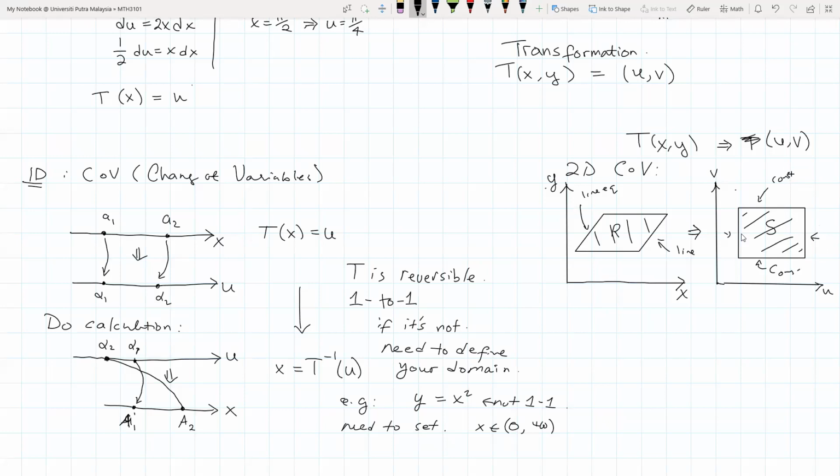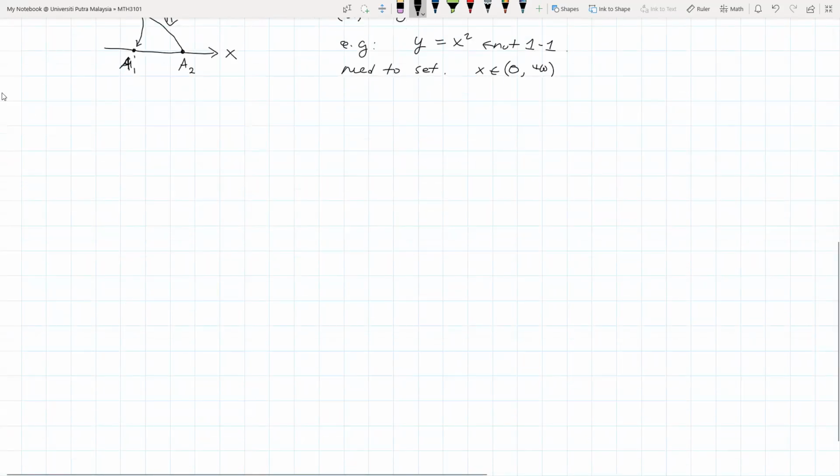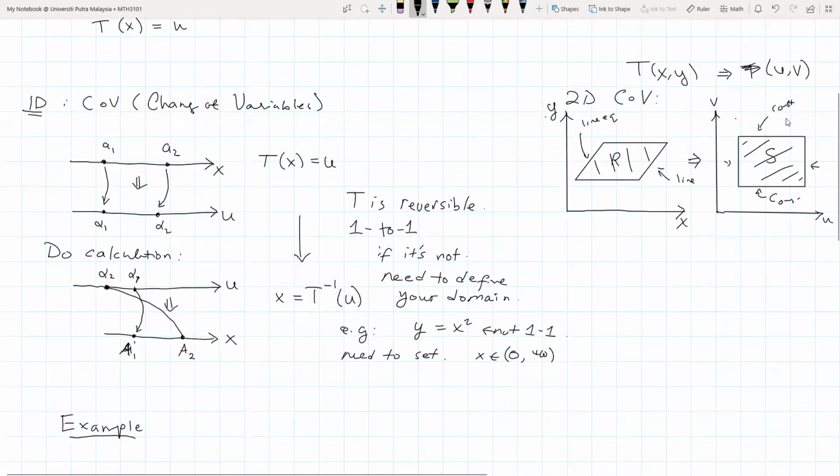Okay, let's see some examples in 2D. Before that, I just want to let you know that if I have this graph in the XY direction, and I want to change it into polar coordinates, it is the same thing.